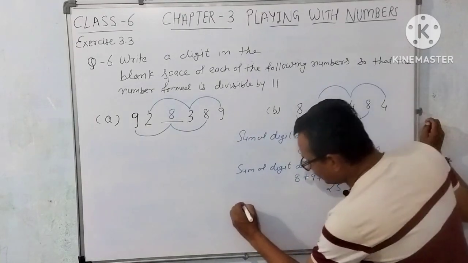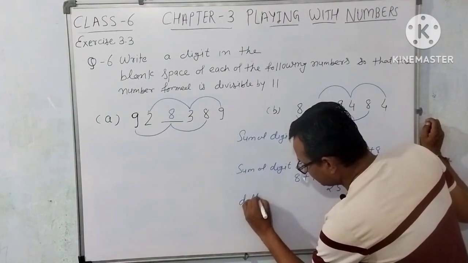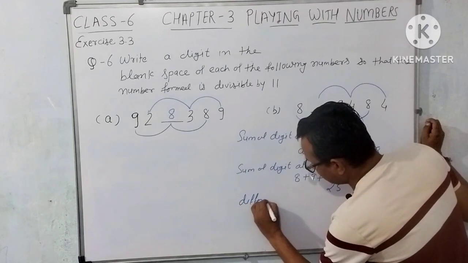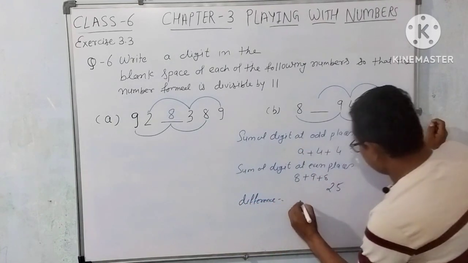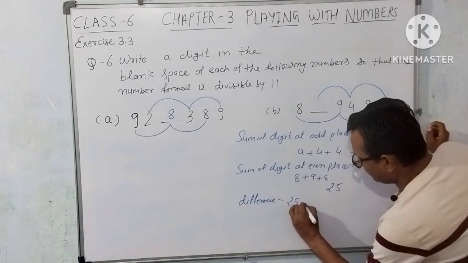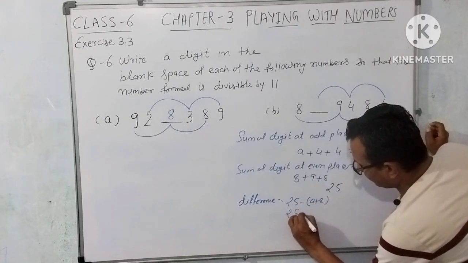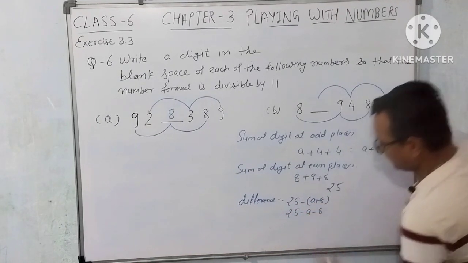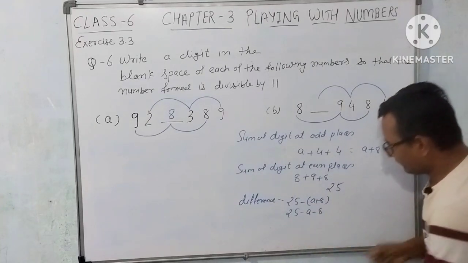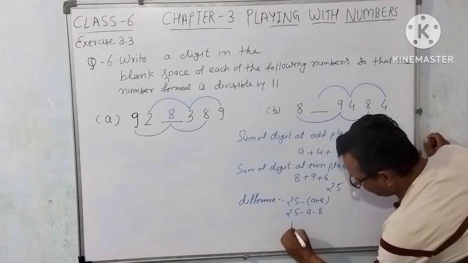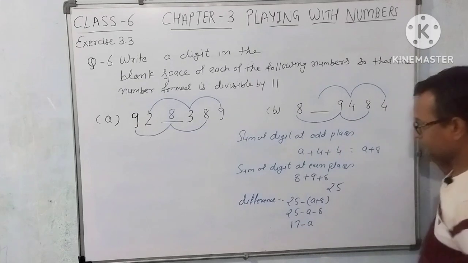So again we have to find the difference: 25 minus (a plus 8). So we can write 25 minus a minus 8. So 25 minus 8 means 17 minus a.